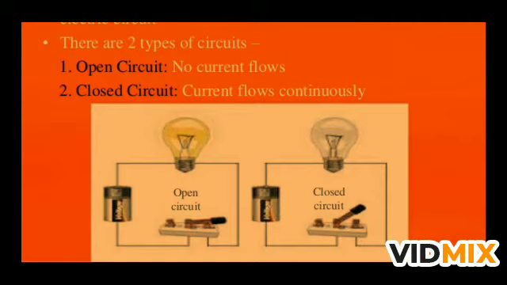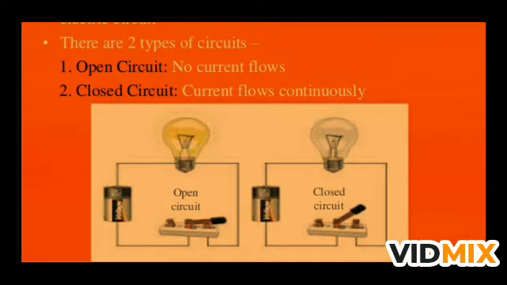I think it is a wrong figure. The one in which the bulb is glowing is said to be a closed circuit, and the one in which the bulb is not glowing is an open circuit. So by mistake it was there, you can change it.